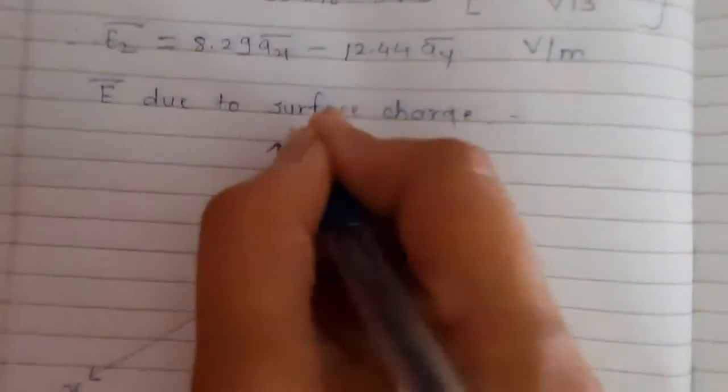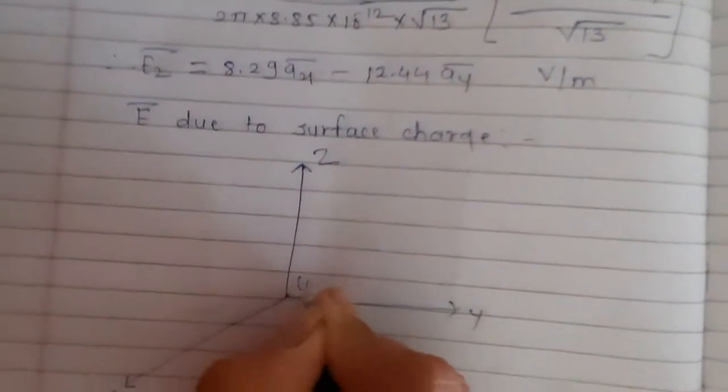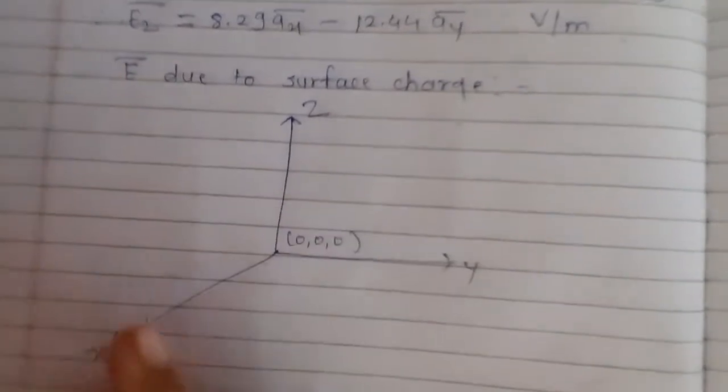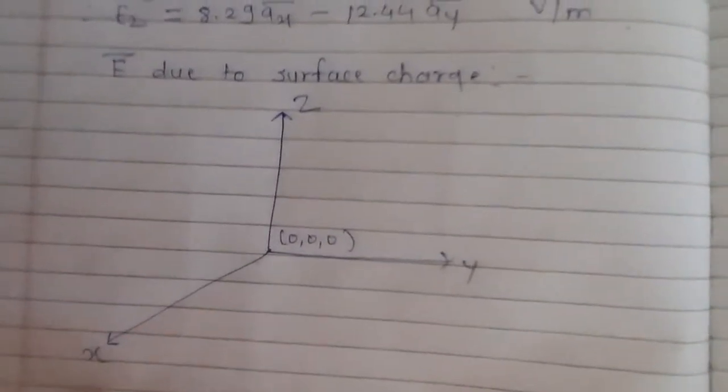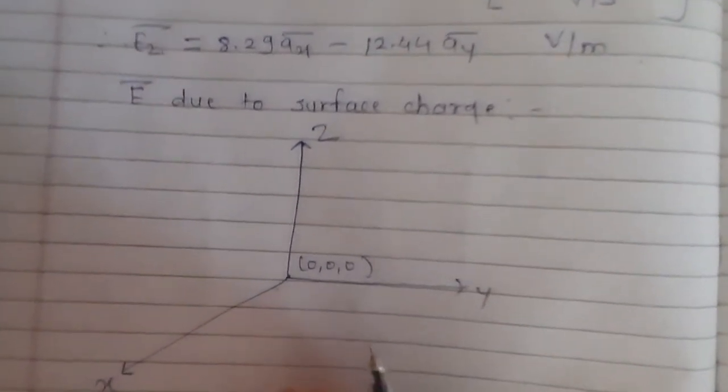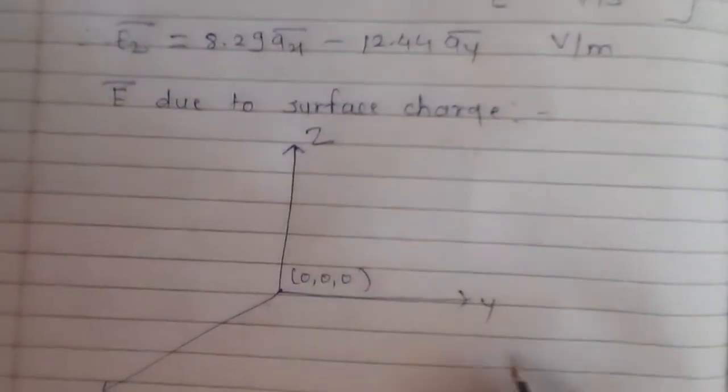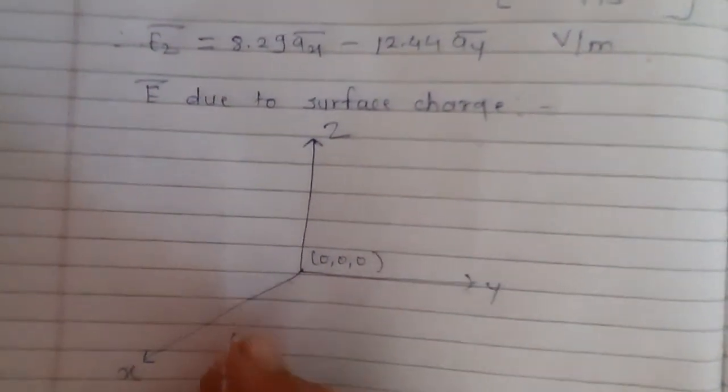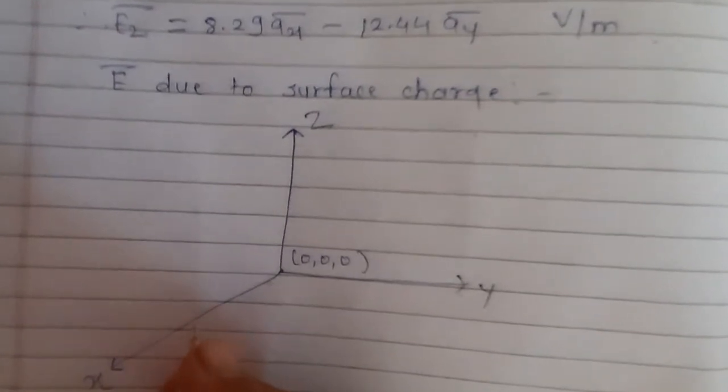This is x, y and z. This is the point of origin 0, 0, 0. Now for the surface charge they have given x is equal to 2.